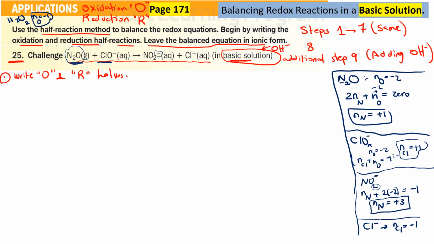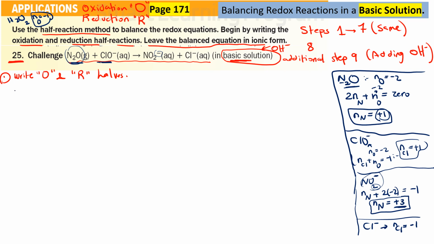Now you can notice that nothing happens to oxygen here; its oxidation number is always minus 2. But look at nitrogen. In N2O it was plus 1, and in NO2 minus it became plus 3.